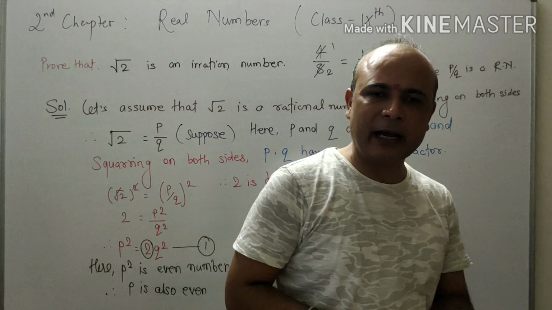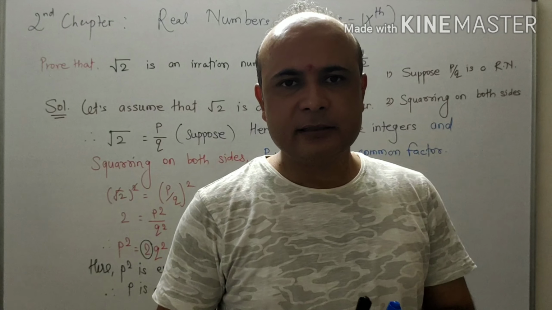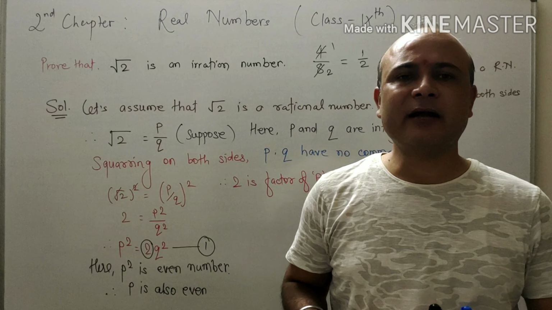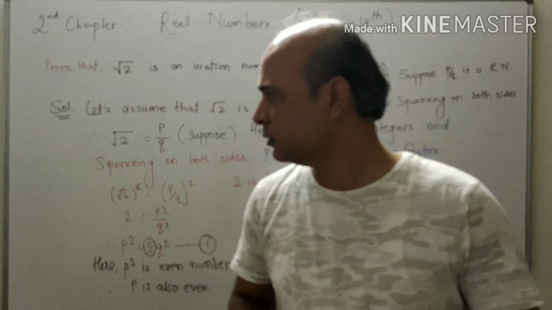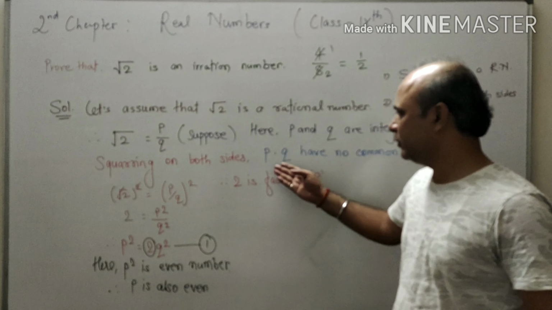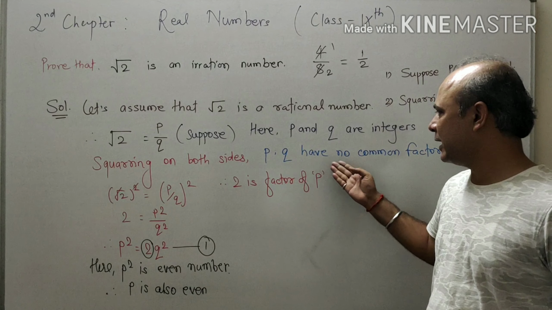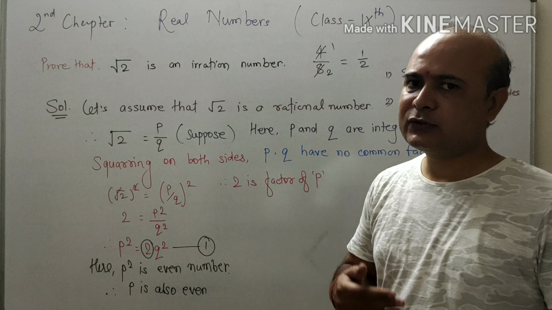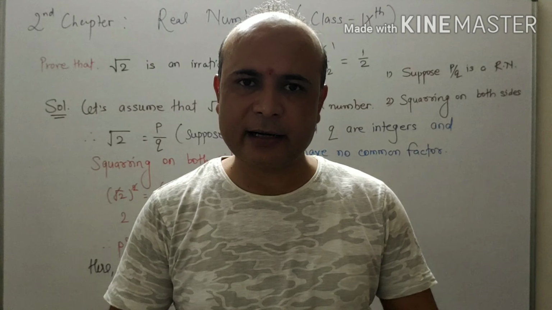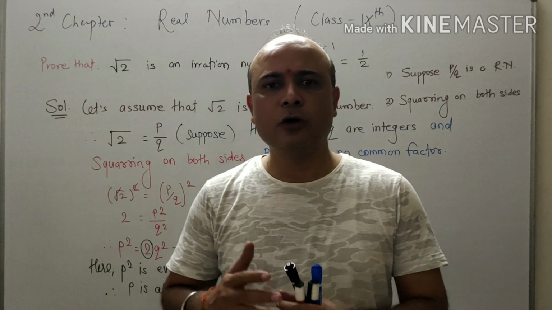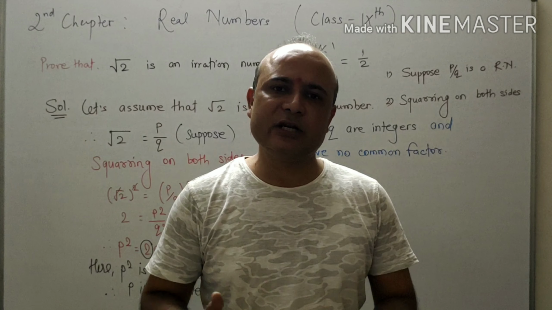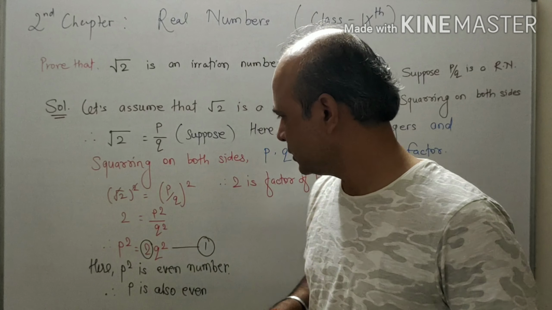Similarly, if we prove that q also has the factor, then we can say that our assumption is wrong. We made the assumption that p and q have no common factor, and student, we are getting a common factor here, so we can say that our assumption is wrong. Therefore, root 2 is an irrational number.